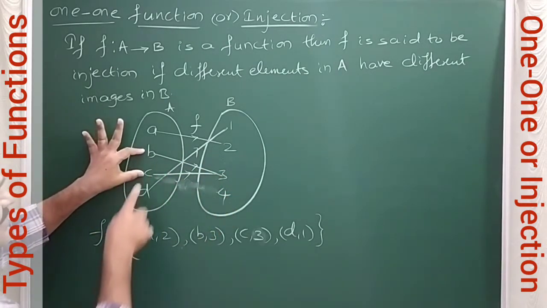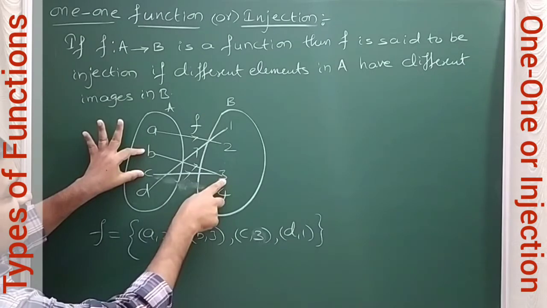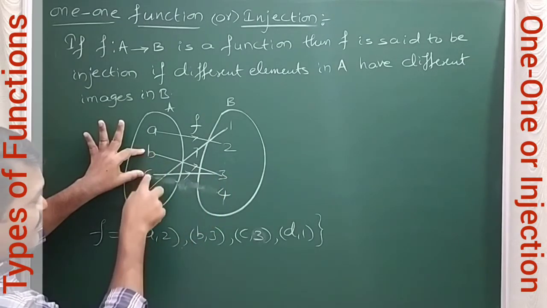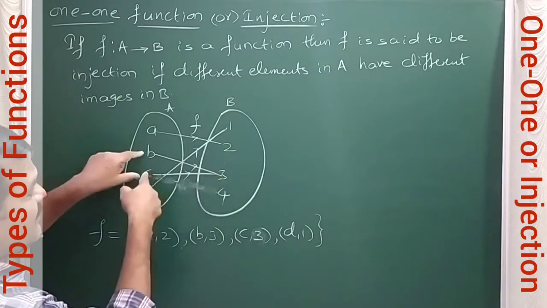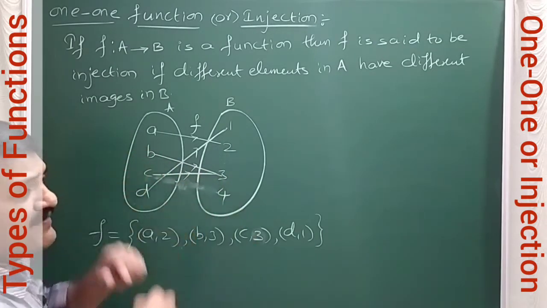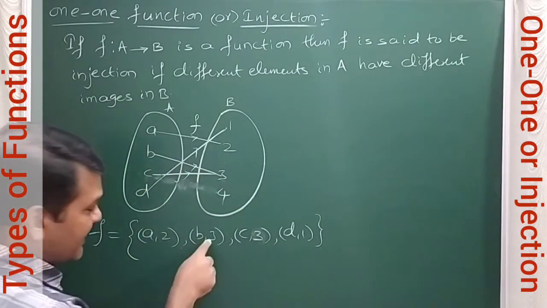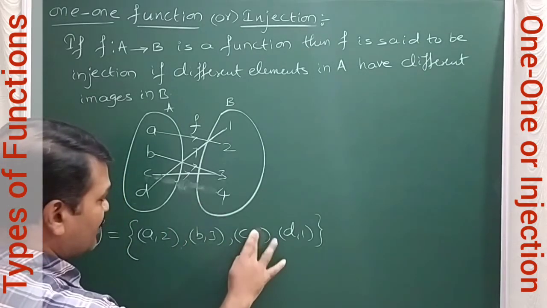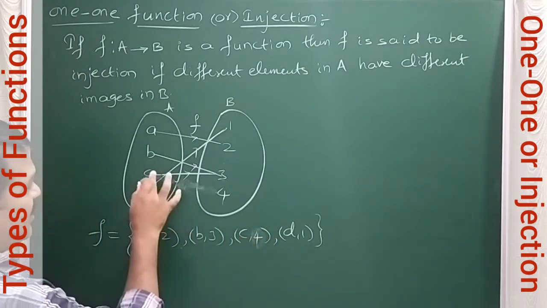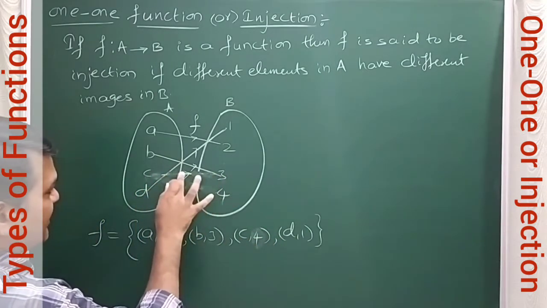Different elements cannot have the same image. Different elements must have different images. That is why it is not a one-one function. The second coordinate is repeating, therefore it is not one-one. This is the process of how you have to consider the mappings.